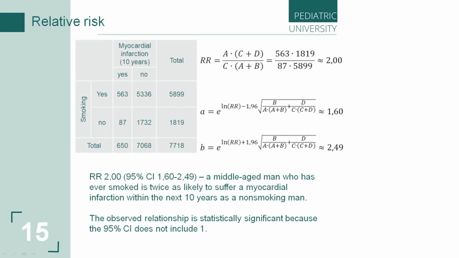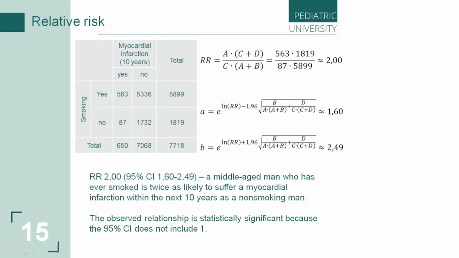And from this, we can conclude that a middle-aged man who has smoked is twice as likely to suffer a myocardial infarction in the next 10 years as a non-smoking man. Let's see. 1 is not in the confidence interval, so the finding that the risk is twice as high is statistically significant. And the conclusion speaks for itself. Smoking really is bad for you, students. Smoking really is bad for you.